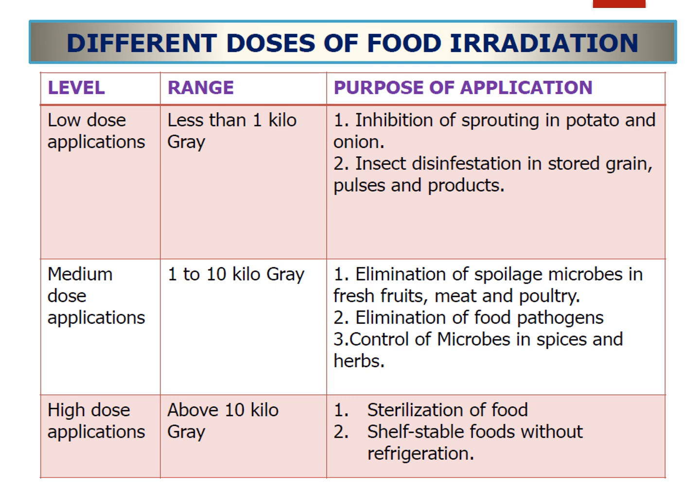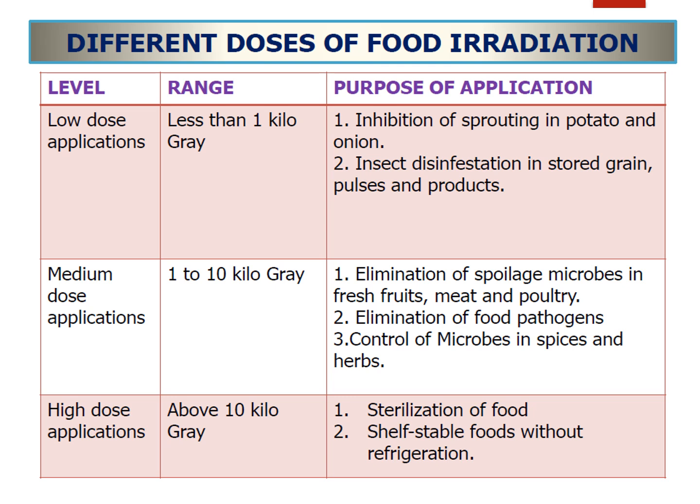Purpose of application is elimination of spoilage microbes in fresh fruits, meat and poultry, elimination of food pathogens, and control of microbes in spices and herbs. So medium dose irradiation is used for elimination of spoilage microbes in fresh fruits, meat and poultry, elimination of food pathogens, control of microbes in spices and herbs.